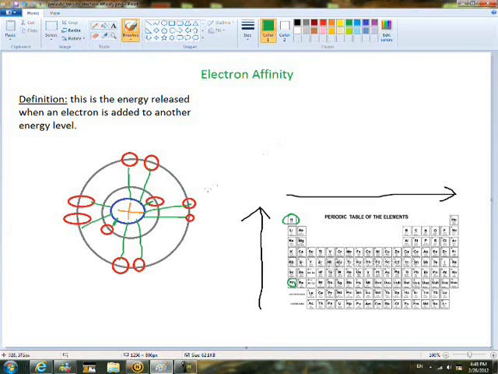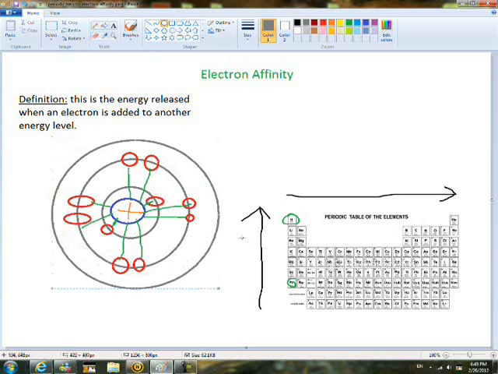And let's draw another shell. And so the more electrons there are, the higher the affinity will be, because there's gonna be a stronger force trying to bring it in.